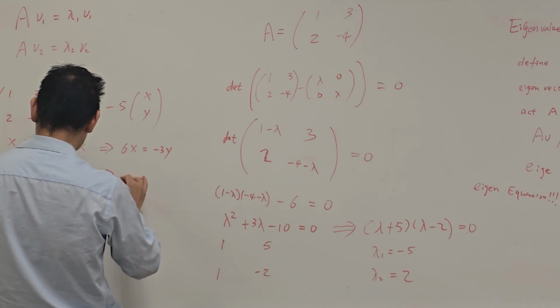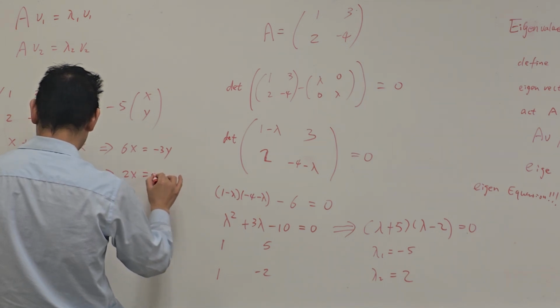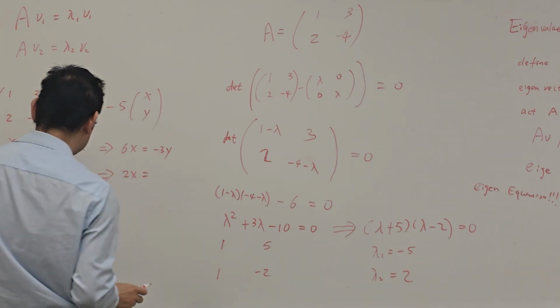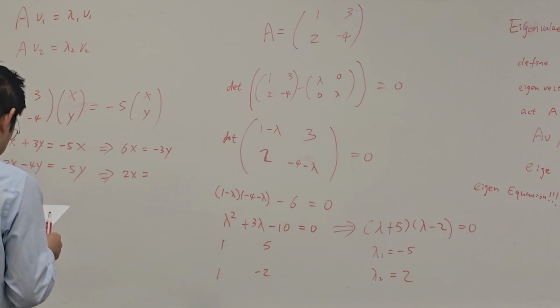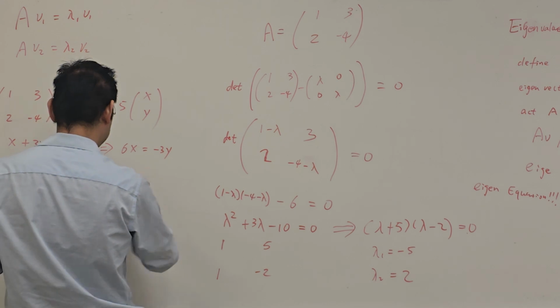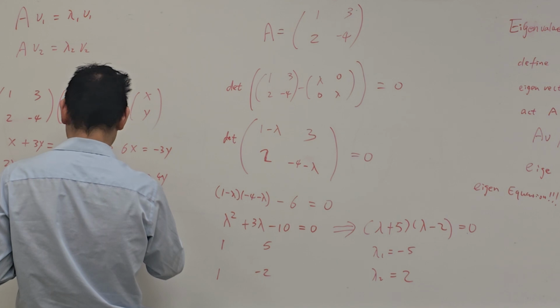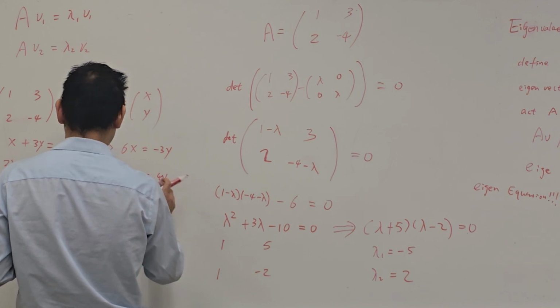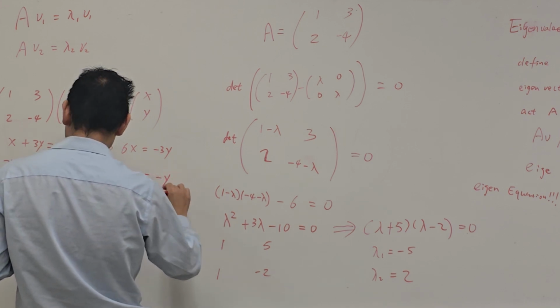The second equation gives us 2x equals... no, it's not. It's minus y.